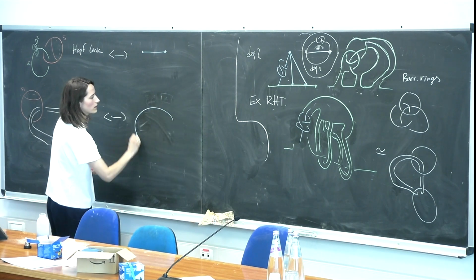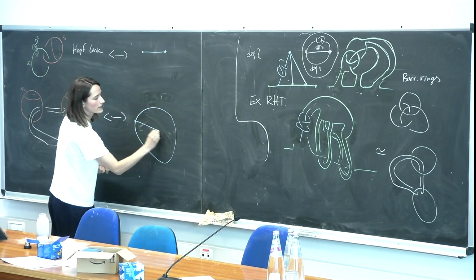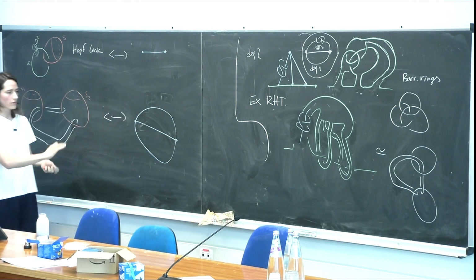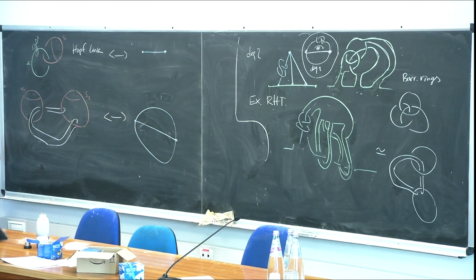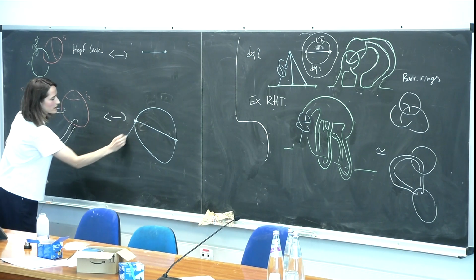Here is my theta graph, nicely embedded in S4 with this kind of blackboard framing, no knotting, nothing. And how do I want to replace it by a link? Well, for each edge, I want to do this. For one trivalent vertex, I will do this. This trivalent vertex will be this link.